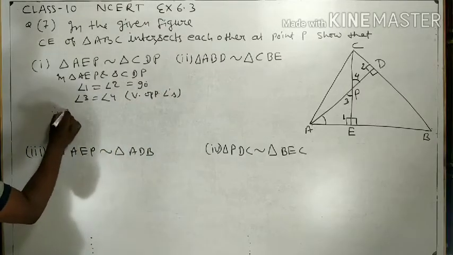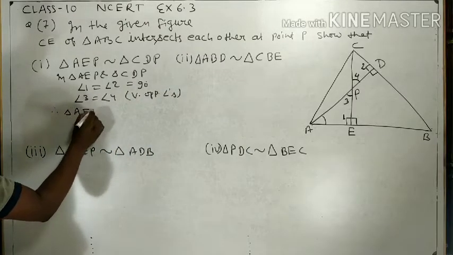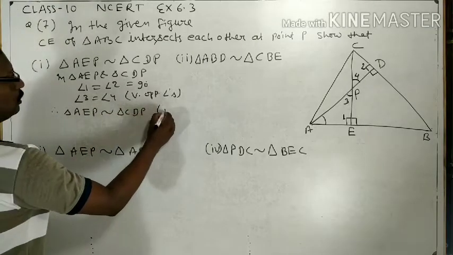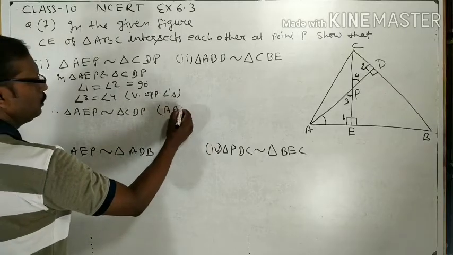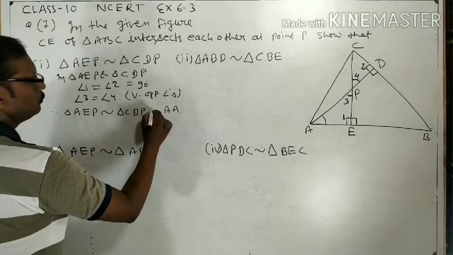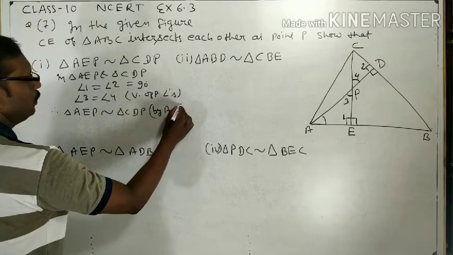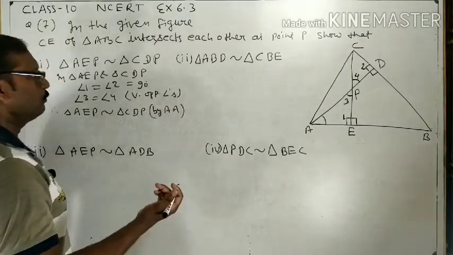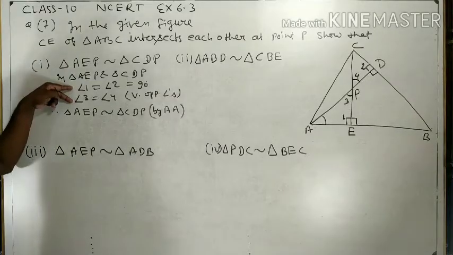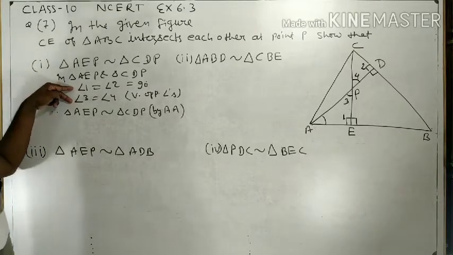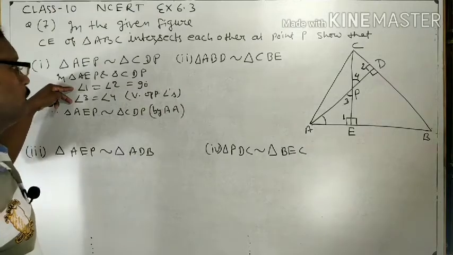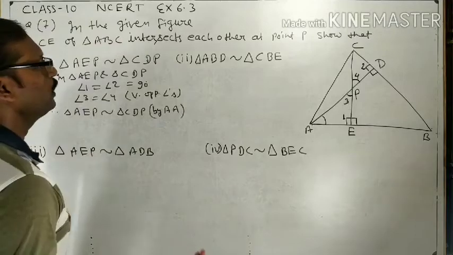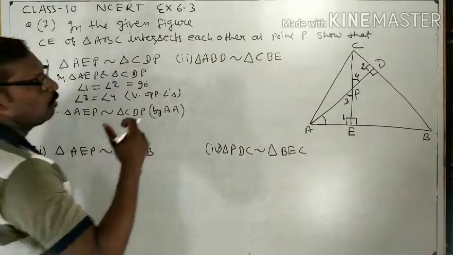So triangle AEP is similar to triangle CDP by AA similarity criteria. If two angles are equal, then the third angle is bound to be equal because the sum of three angles is 180 degrees, and if we subtract the sum of two angles, we get the third angle also equal.